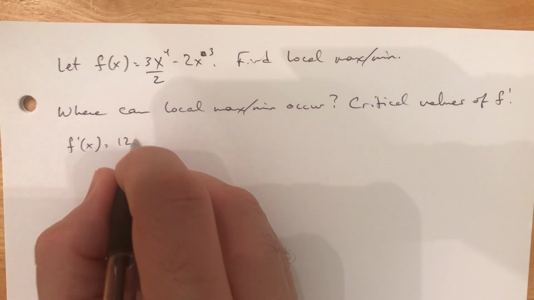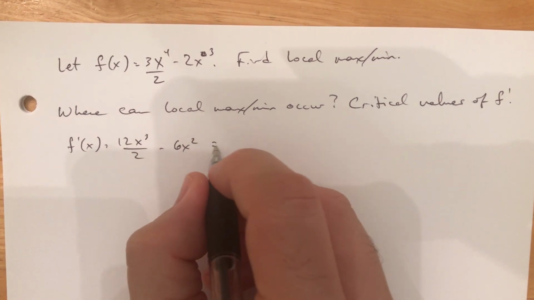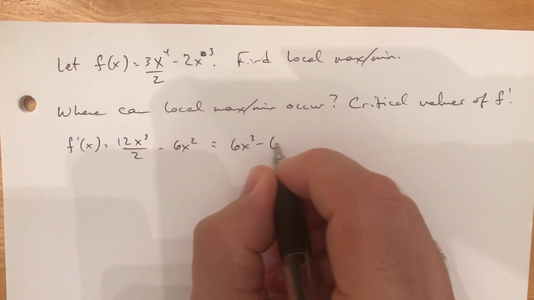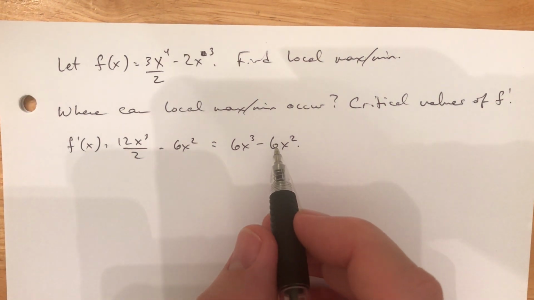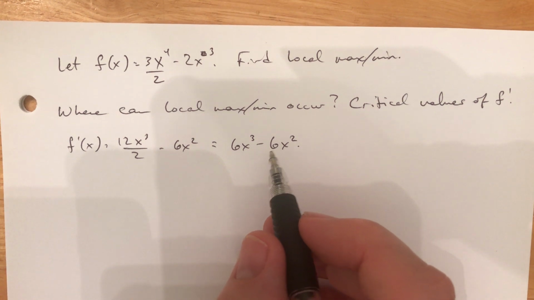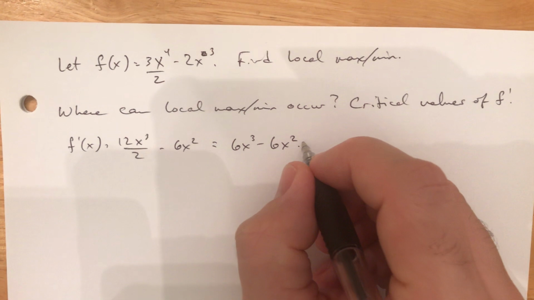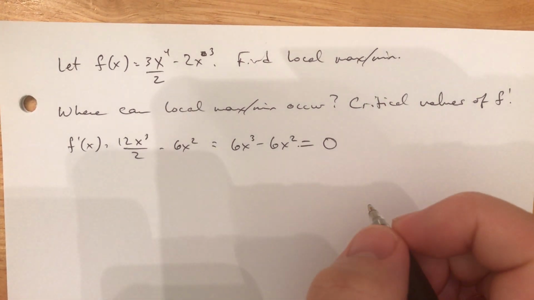So f prime of x, this is baby stuff. We get 12x cubed over 2 minus 6x squared, which simplifies to 6x cubed minus 6x squared. There are no undefined values for a function like that. It's a polynomial. It's one of the nicest kinds of functions that we have. And so we're going to just jump straight into setting that guy equal to 0.